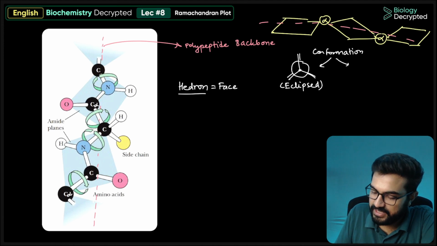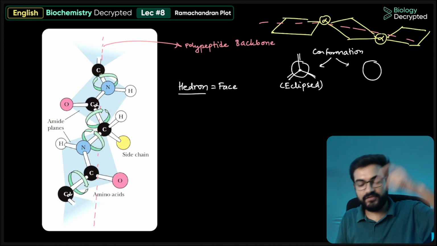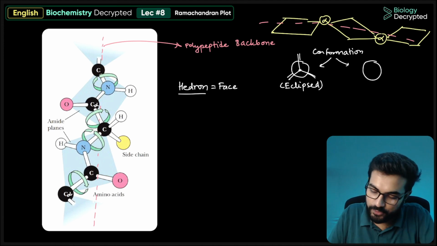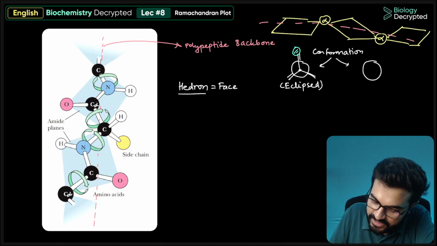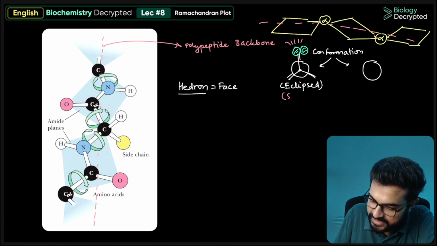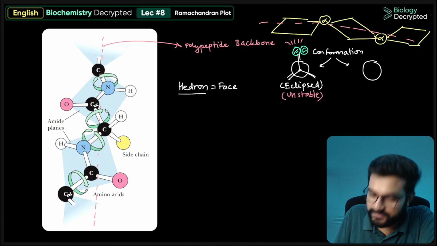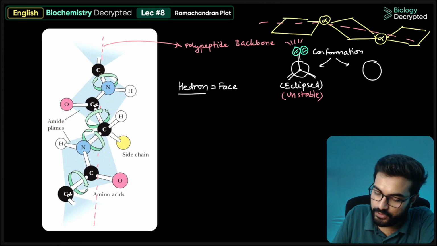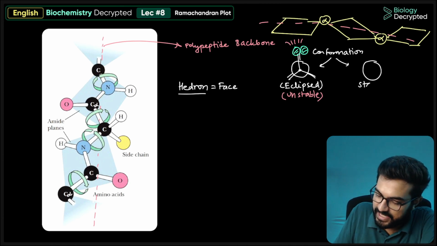This conformation is eclipsed. And there is another possible conformation where they are far away, because if you have bulky groups here, obviously these bulky groups will have a big clash, and this will be unstable most of the times. And if you talk about this staggered form, what does staggered mean?